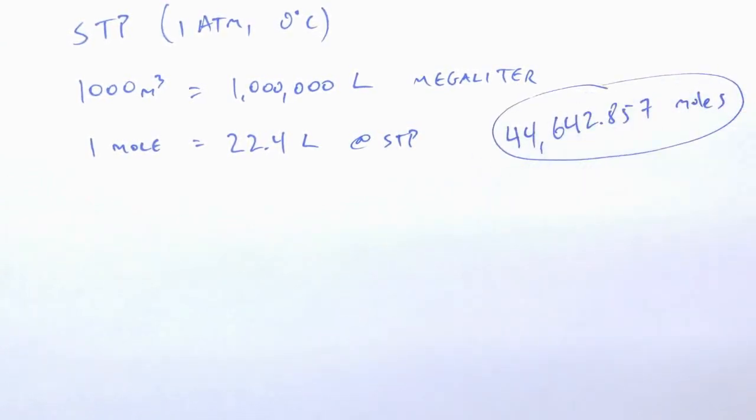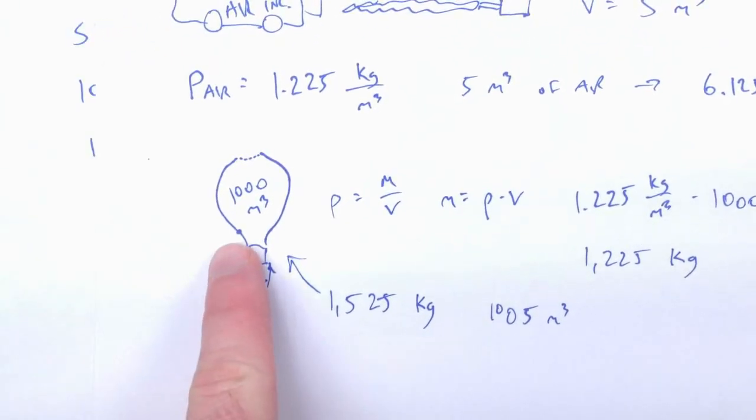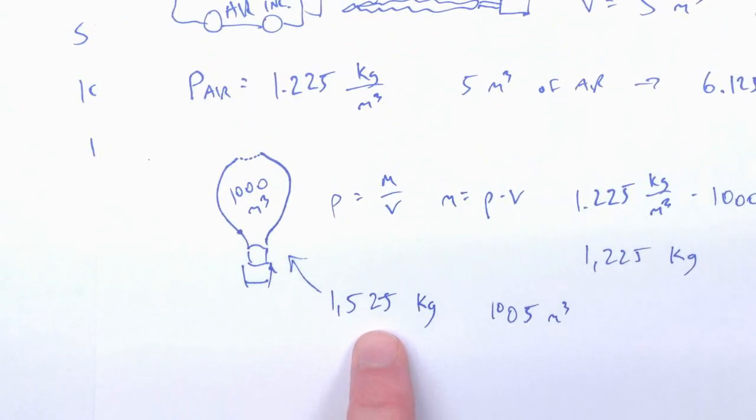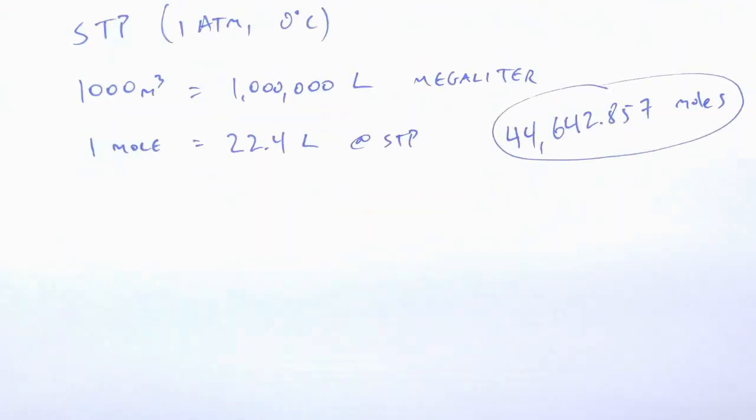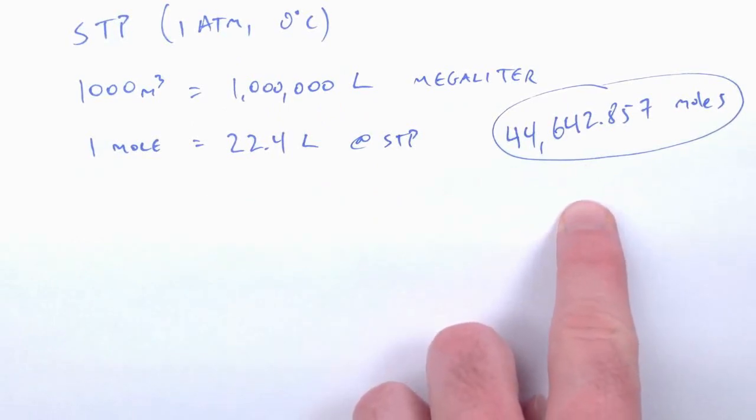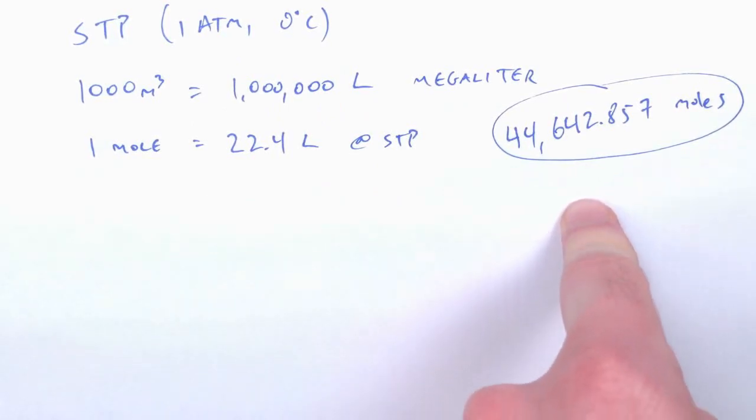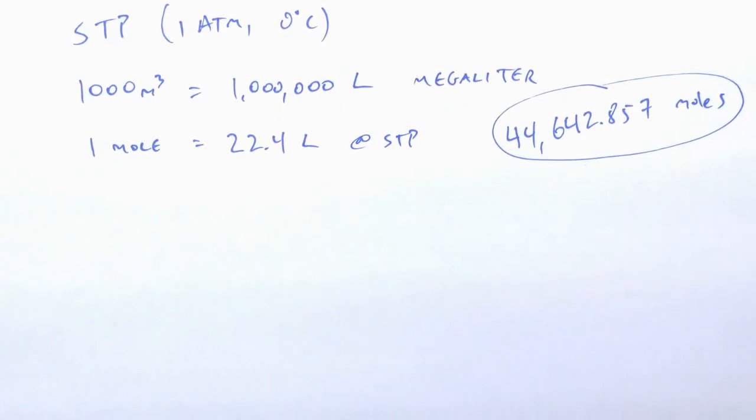So inside our hot air balloon, yes, we do contain 1,525 kilograms of air. However, more usefully, we have 44,642.857 moles of air in there.